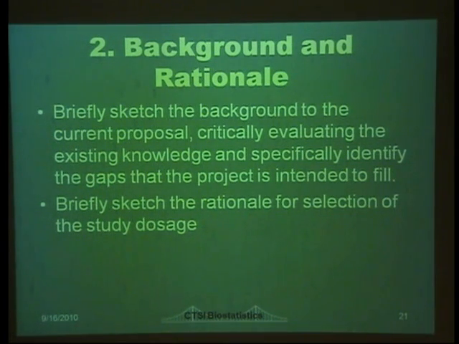That's what I mean here by the study dosage. If we're going to study a drug, we need to specify what level the drug is going to be tested at and why that's reasonable. Here we're really looking for the justification of the dose that we're looking at.